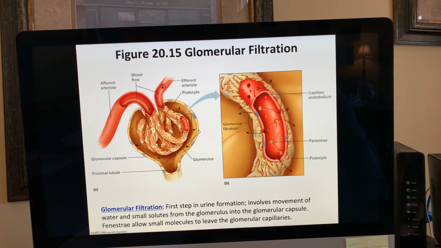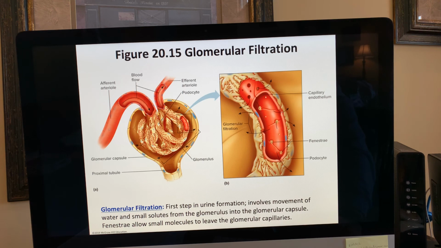And basically what happens on a microscopic level is those endothelial cells that make up the capillaries have between the cells these fenestrated openings, and then the podocytes on the outside have those slit processes so that substances in the capillary can be forced out those openings and into the glomerular capsule, much like if you had a hose with holes in it, things poking out of those holes, water coming out the hose as you run water through the hose.